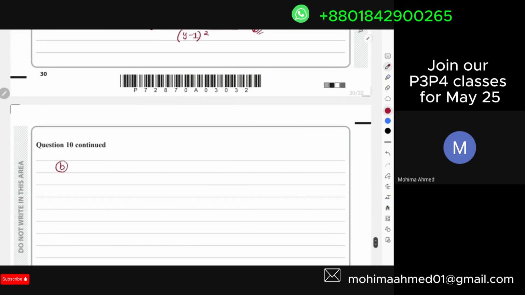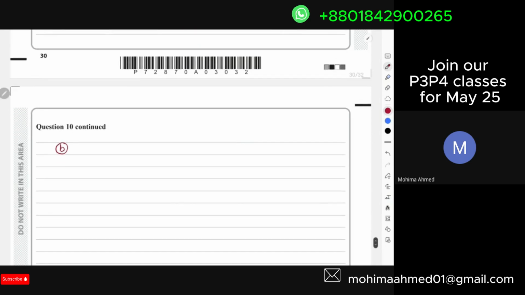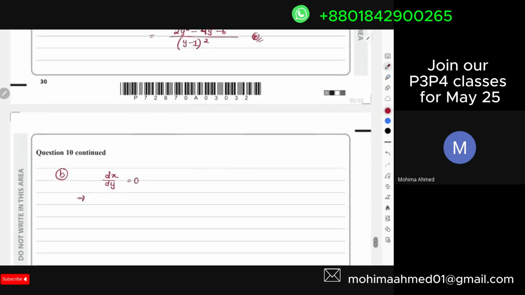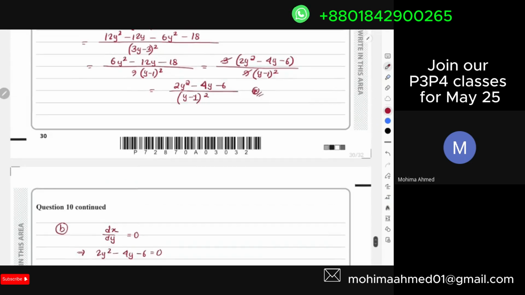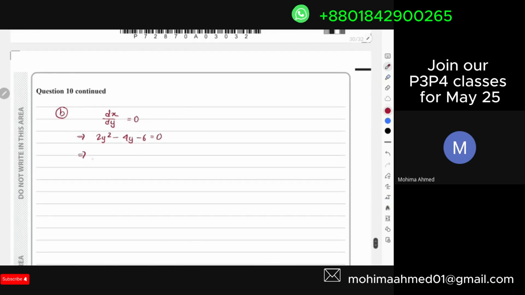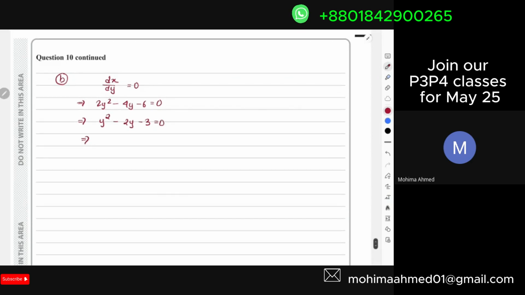For part B, for points P and Q, we write dx by dy equals 0. So the numerator is 0, and we're left with 2y square minus 4y minus 6 equals 0. From there, I can take 2 as a common factor, so we get y square minus 2y minus 3. Factorizing this by the middle term, I get the values of y as 3 and minus 1.